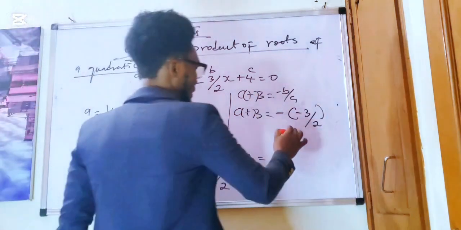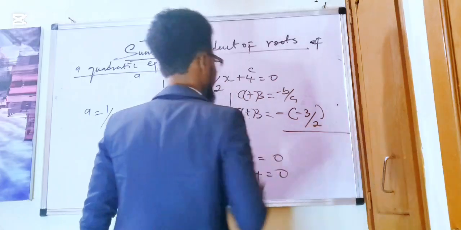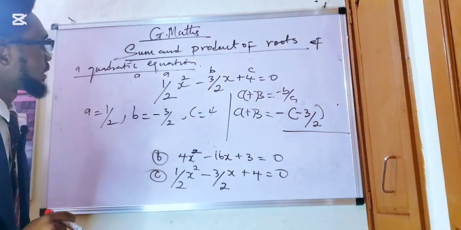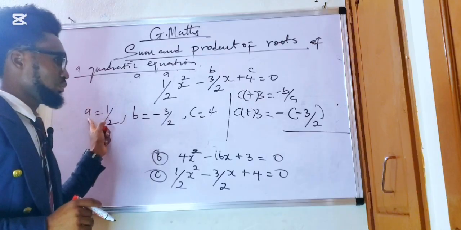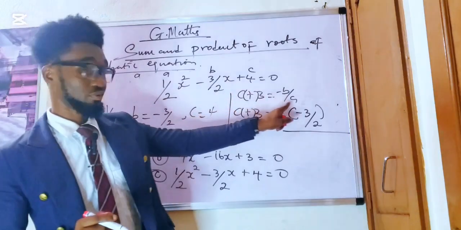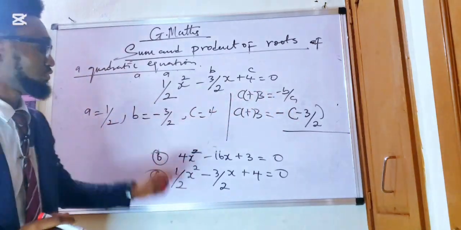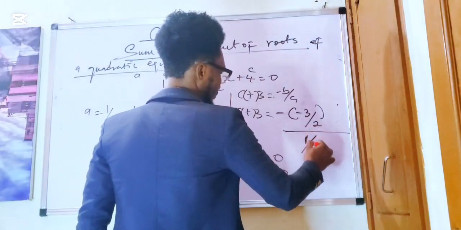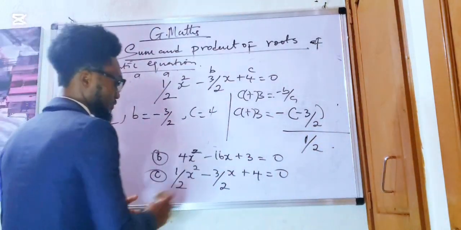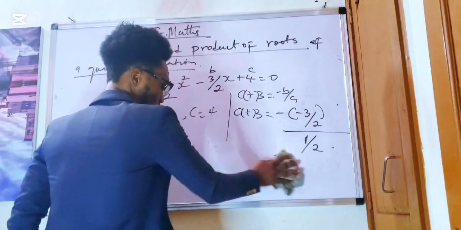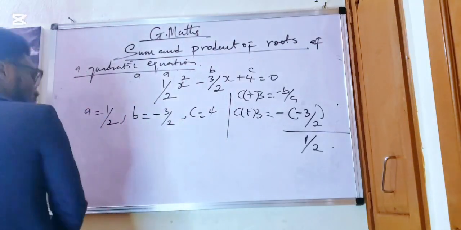And then I will do my line division. Divided by a here, we have what? From the formula, a is 1 over 2. So we put 1 over 2 here. Let me clean this up so that it's visible to you.